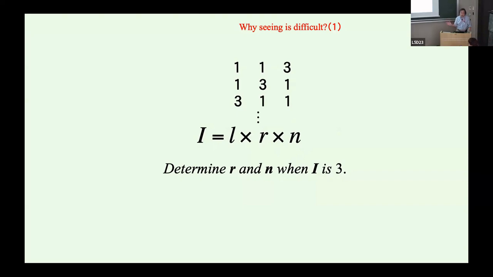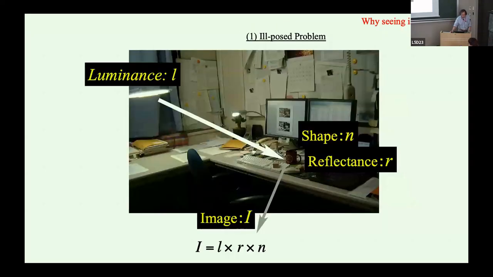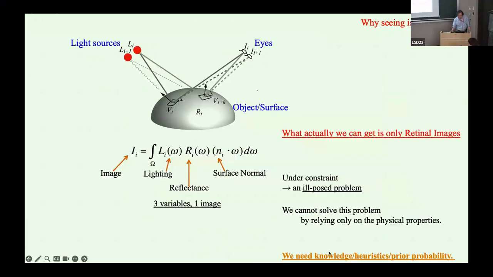Actually, this is the case of vision. In this case, L was luminance, R was reflectance, N was surface normal, and I was the resultant image. In that sense, the image is given by the multiplication of these three factors. To put it a little bit more formally, light exists everywhere, and it is reflected by a surface according to the reflectance properties and the surface normal.